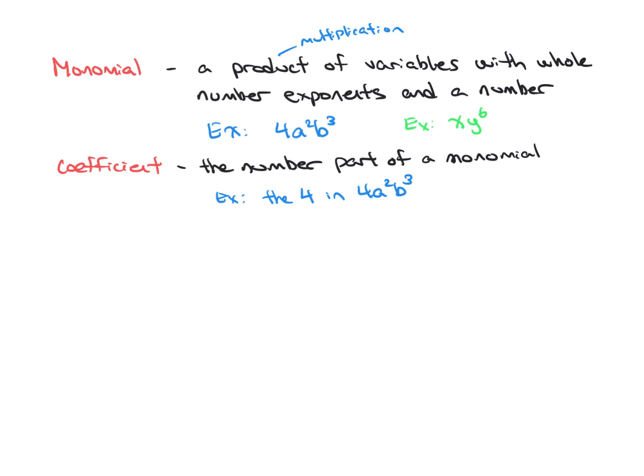However, you can think of there being a 1 that's just not written. We don't normally write 1 times something. So the coefficient in this case is actually 1. So the 1 in x y to the 6. So sometimes the coefficient is 1 and it's kind of hidden there. The coefficient is allowed to be any real number, really.